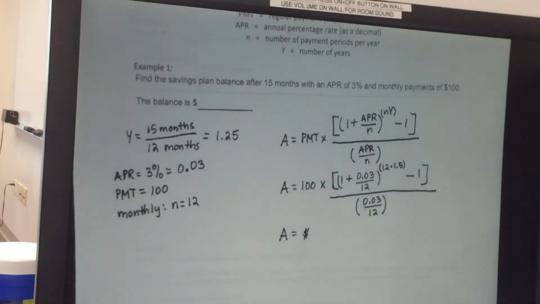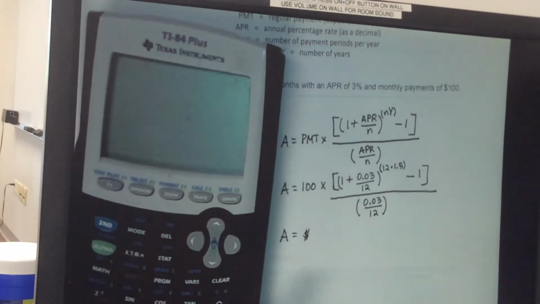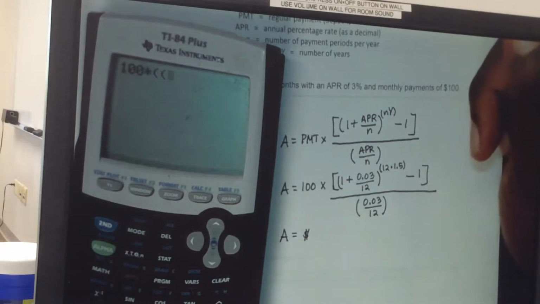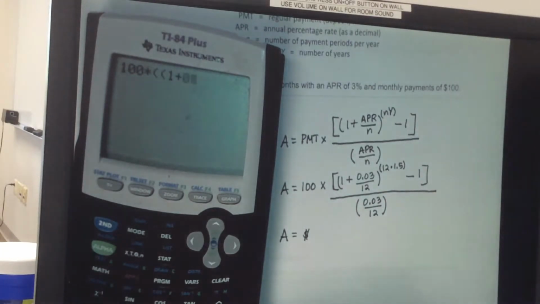Now, we're going to go ahead and enter this in the calculator. In this case, we're going to have 100, and then times, and then left parentheses for this bracket, and then another left parentheses, 1 plus 0.03 divided by 12, close parentheses, and then the hat key for your exponent.